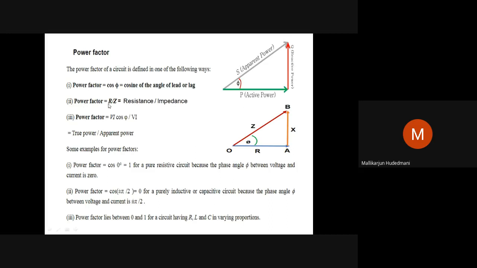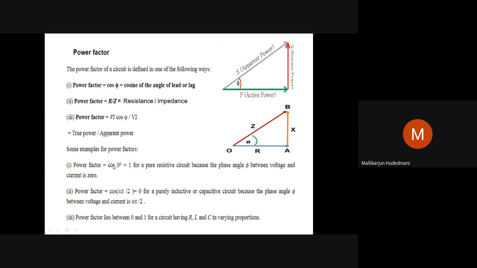Then I can write, in a circuit relationship, R by Z; you can see this triangle if I refer to an inductive circuit. How can I write the power factor? The power factor can be the ratio of the adjacent side divided by the hypotenuse, or R by Z, true power divided by apparent power.